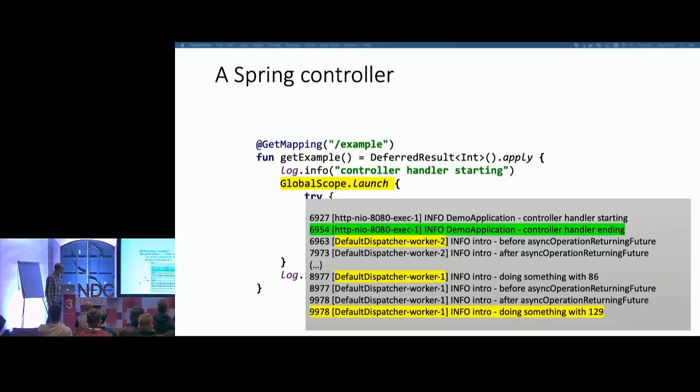If I run this, I can see, for instance, on the first green line, the handler starting, and it is starting on a thread from the container. In this case, I'm using Tomcat, so it's a thread from Tomcat. Then I can see that the other logs are done in different threads from a Kotlin thread pool. They are not being blocked, and in the end, I end the processing.